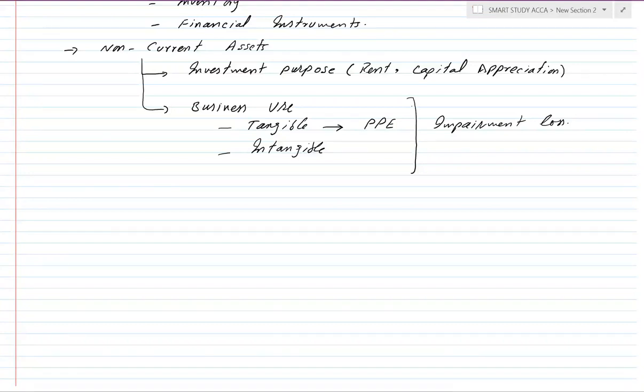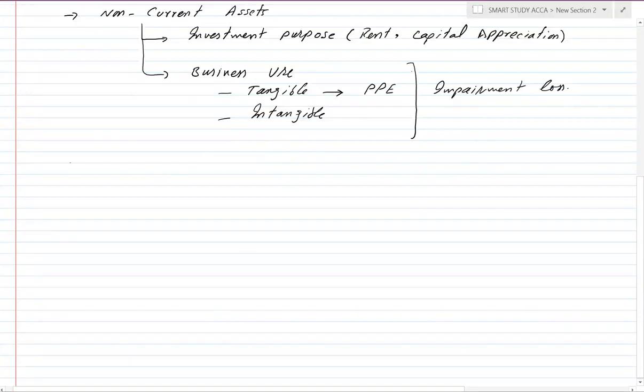After that, we will move towards the liability section. There are different types of liabilities. There may be current liabilities, and there may be non-current liabilities.